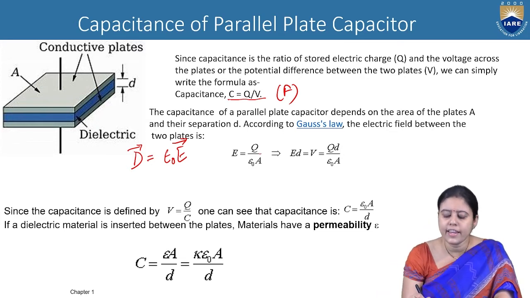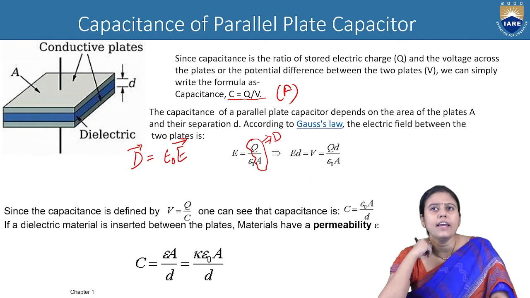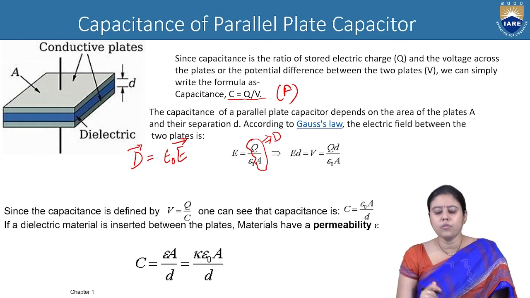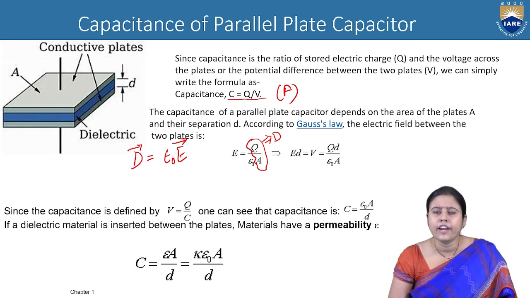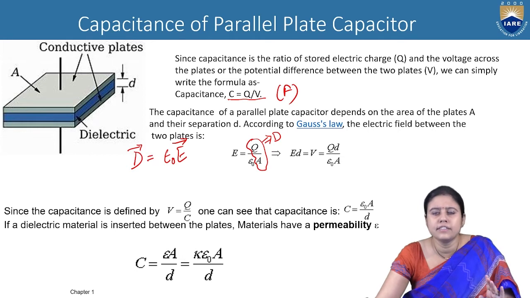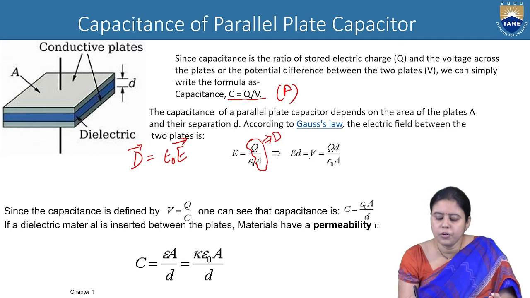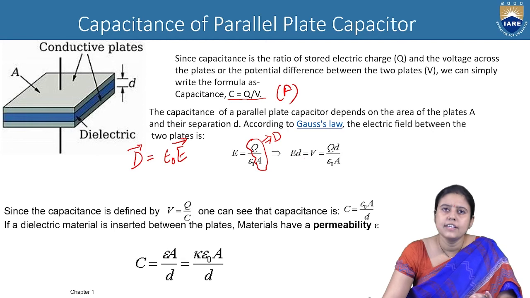So E is equal to D by epsilon. Now, according to the definition of potential, if we are not taking the sign, V equals E into D, where D is the distance.